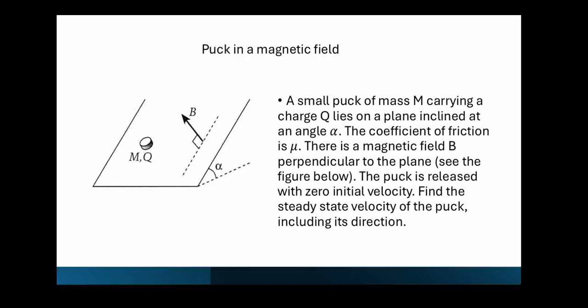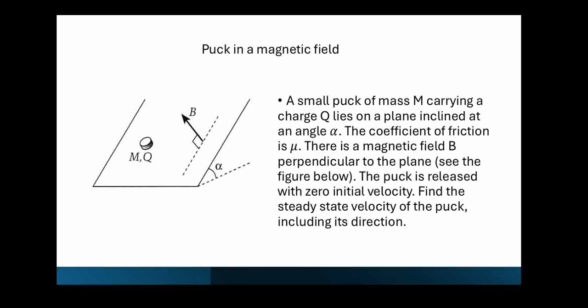You can see the heading, that is a puck in a magnetic field. And the problem is, a puck is a small ball, nothing else. A small puck of mass m carrying a charge q lies on a plane inclined at an angle alpha.